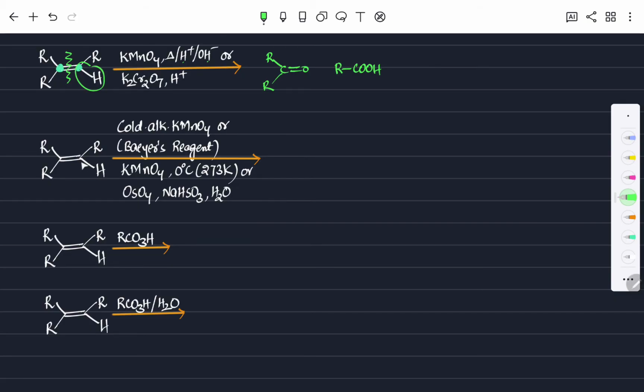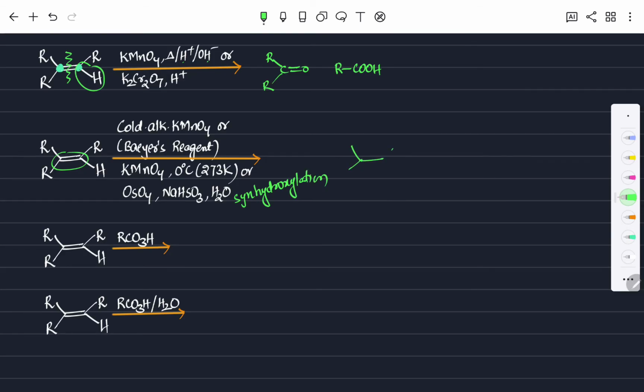Second one, an alkene treated with cold alkaline KMnO4, Baeyer's reagent, KMnO4 at 0 degrees Celsius, cold KMnO4, OsO4, NaHSO3, water. So here the double bond reacts with the corresponding reagent, and this reaction is syn hydroxylation.